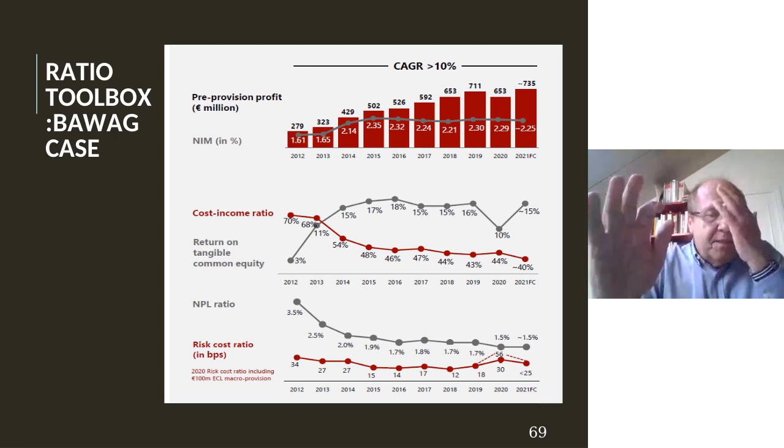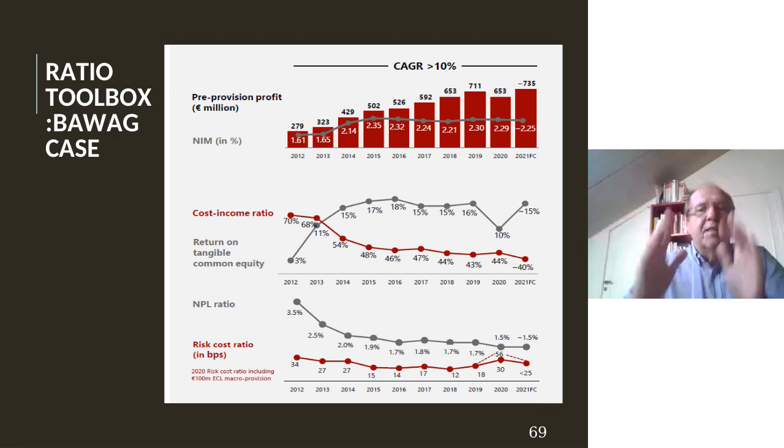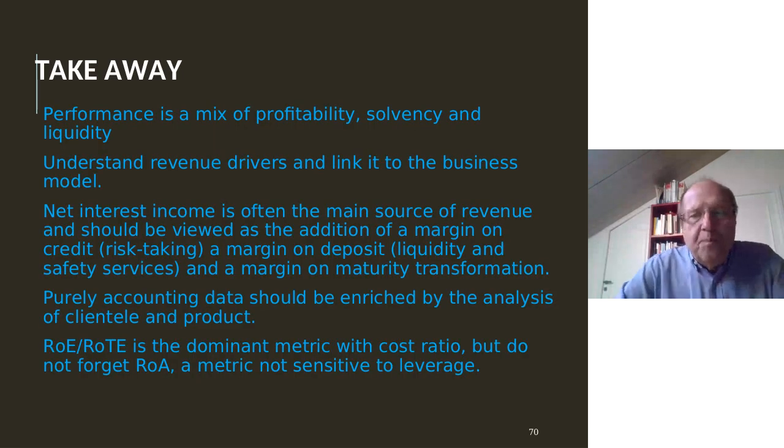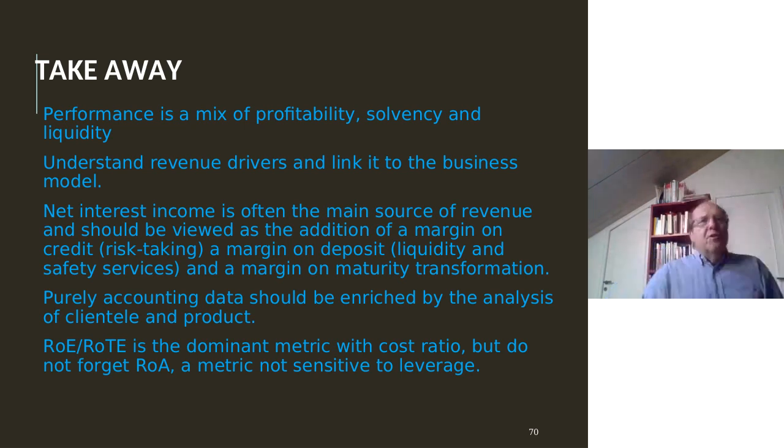So it's not that sophisticated. What is sophisticated is to understand what is behind the numbers. So performance is a mix. Be aware that profitability is one thing, but solvency and liquidity are also very much imbricated with that. We need to understand the revenue driver.